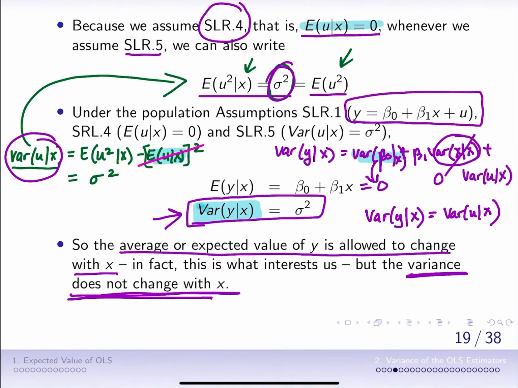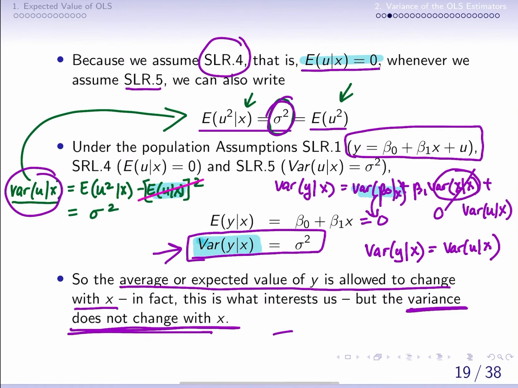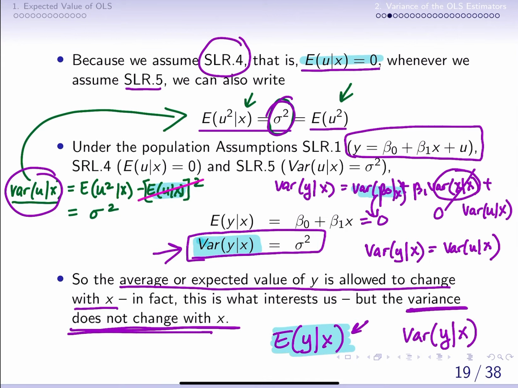So there's a difference between wanting the expected value of y to change given x and wanting the variation, the variance in y, to change with x, right? So we want to allow for this to happen, but we do not want this to change with x, okay?